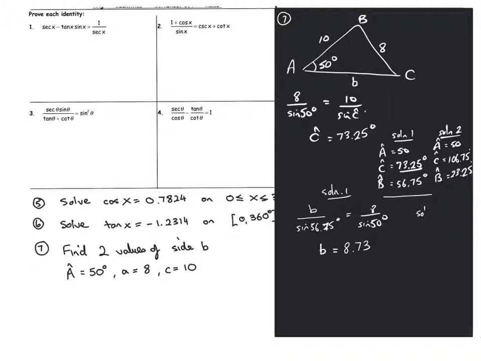And for solution 2, we know that B over sine 23.25 equals, again, 8 over sine 50. And by cross multiplication, we get that B equals 4.12. So the two answers there, 4.12 and 8.73.